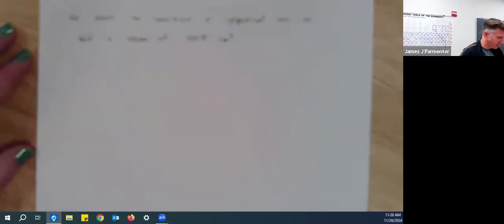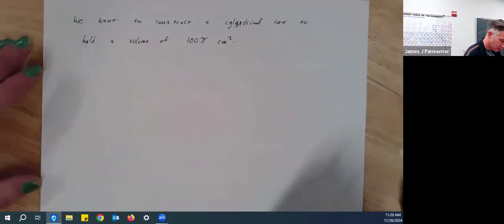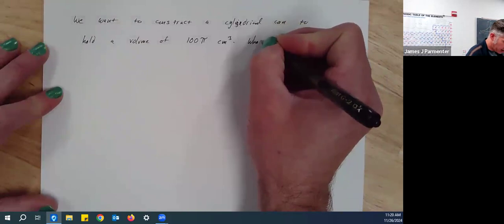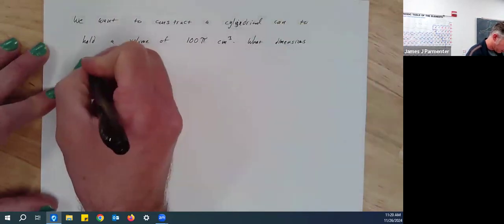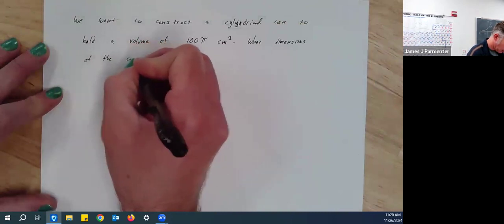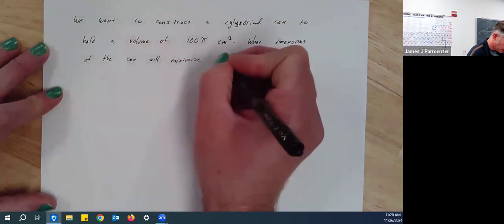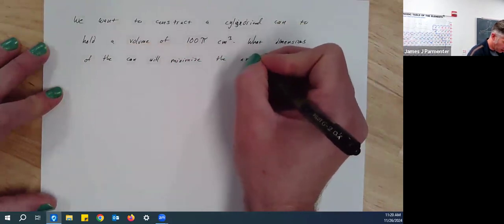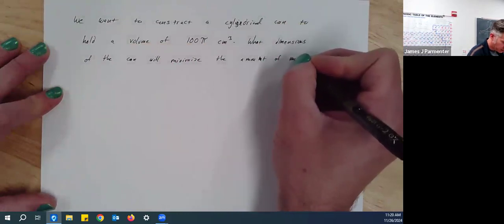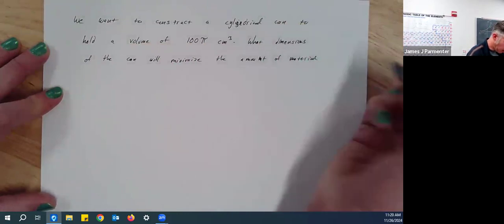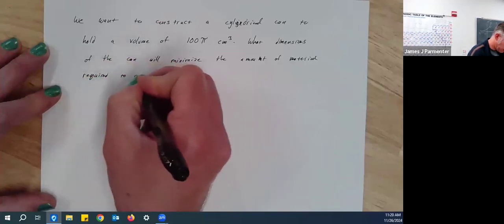Oh, wow. Okay, let's try that again. What dimensions of the can will minimize the amount of surface area required, or the amount of material, probably metal, required to construct the can?